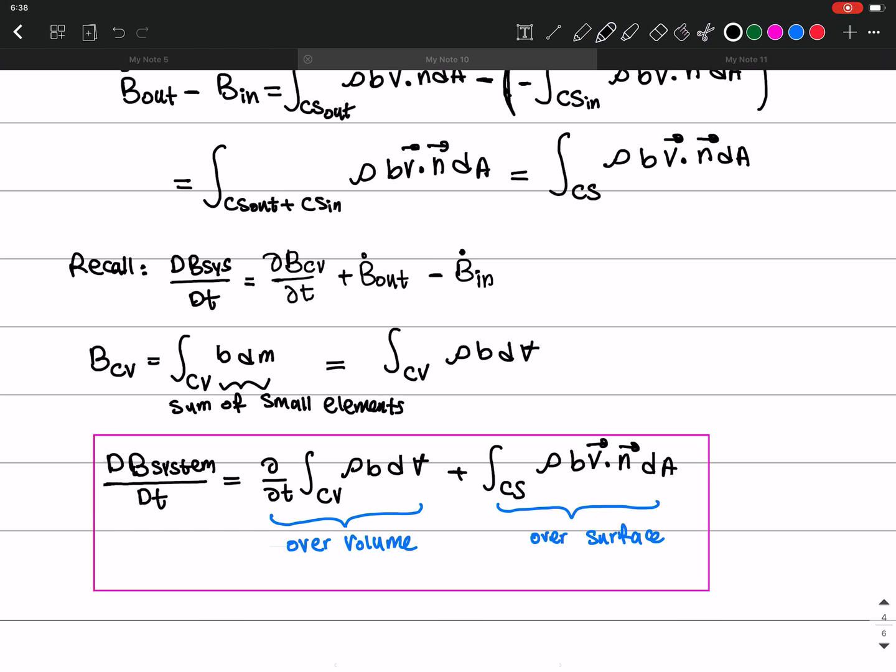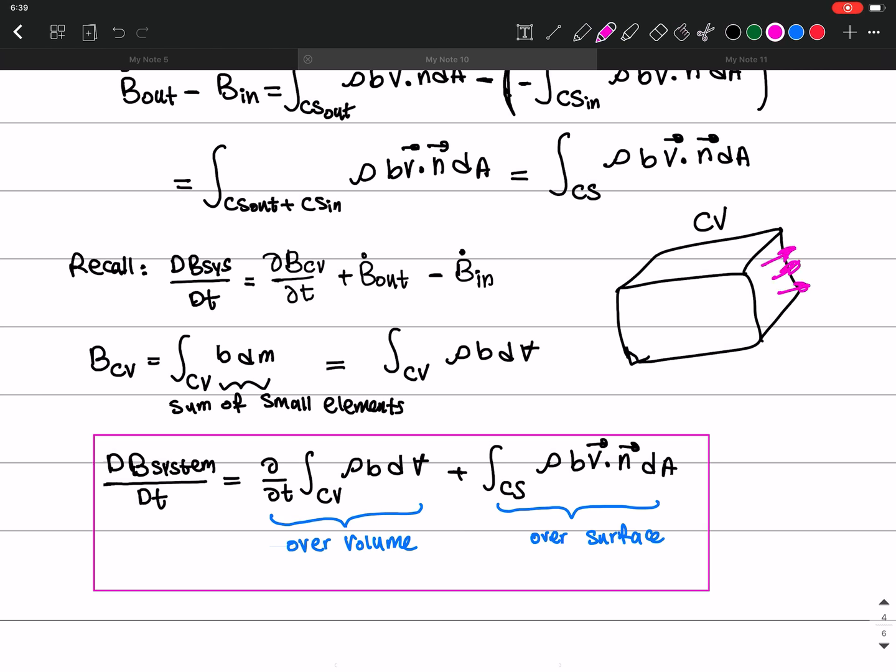For example, if you have any control volume like this, and any fluid parameter, the total change of that in the whole system equals the change in a fixed control volume, how much it is changing in that control volume, plus how much is going out or coming in through the surfaces.